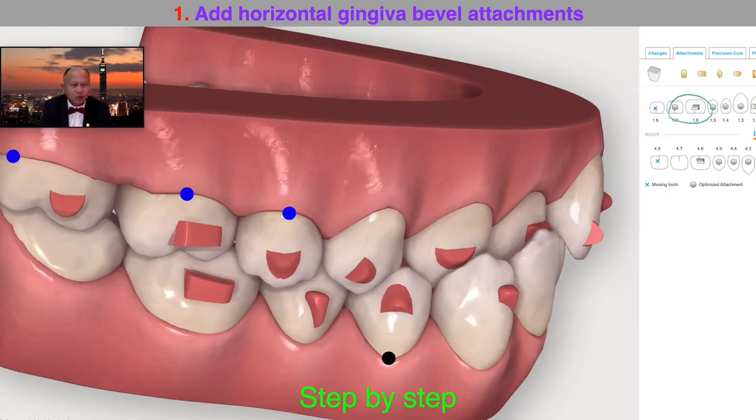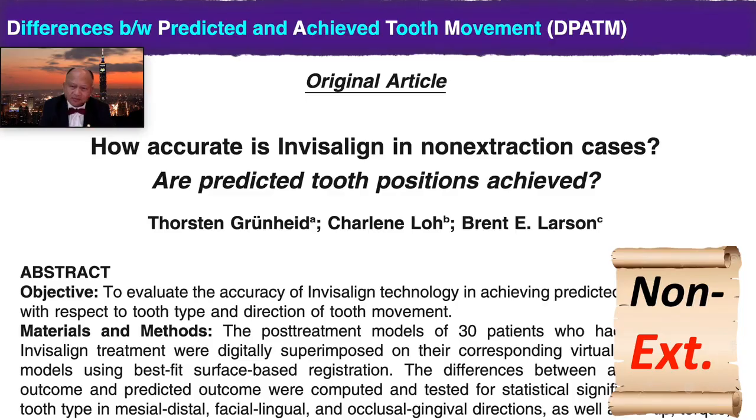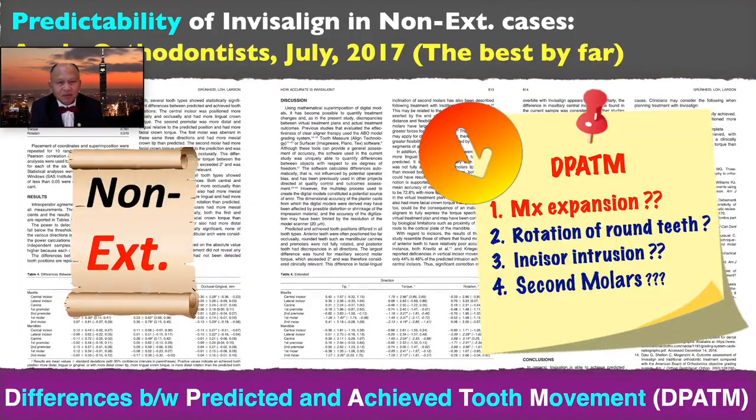Why a horizontal gingival bevel attachment? Let me remind you of a very famous research published by Brent Larson 3 years ago. I consider it the best by far about lung extraction.